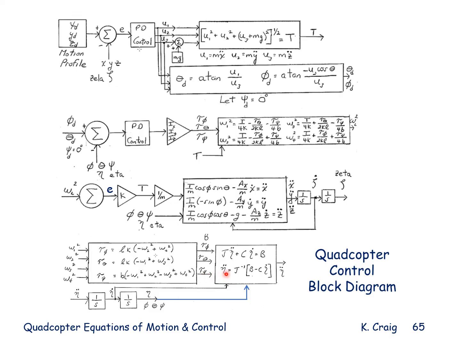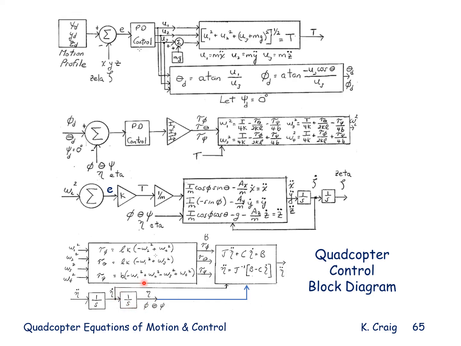These then can be substituted in to my differential equation for the angles eta. The output of this block is then eta double dot, which are the angular accelerations for roll, pitch, and yaw, which then can be integrated once to give me eta dot, and integrated again to give me eta.